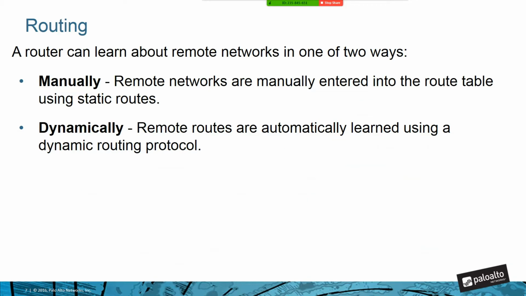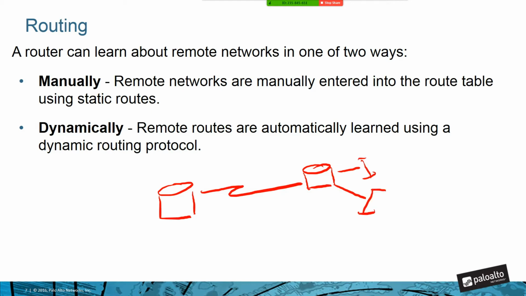Dynamically is when the routers, in case you have multiple routers, actually have the capacity to find each other. So as soon as you activate the dynamic process, and that little drawing represents the process, the router can just advertise through all the ports and say, I am a router.